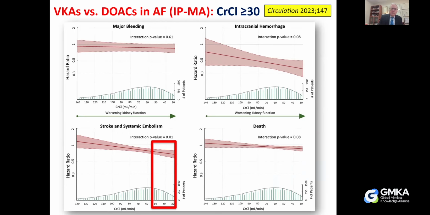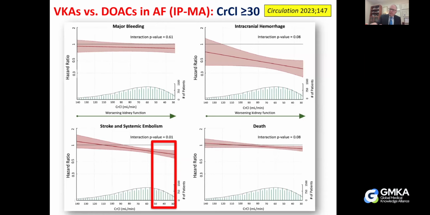So you'll see that the hazard ratio for stroke prevention is best in patients with impaired renal function. And you'll see also that the benefit in terms of reduction in intracranial hemorrhage and mortality is also better. But what's missing in these tables? What's missing is that we don't have data on patients who have a creatinine clearance less than 30 because these patients were excluded from these trials.